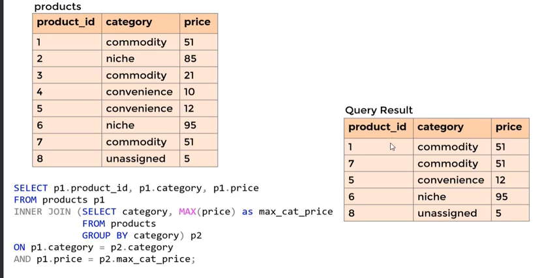Select product, category from products p1 inner join. This gets the products with the highest price in each category.